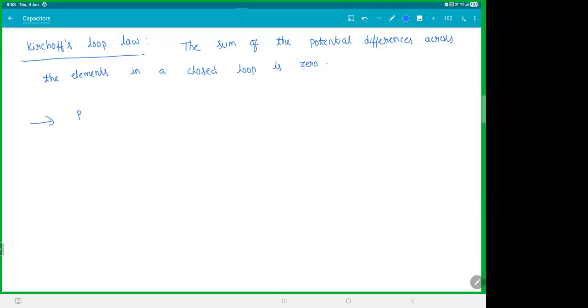But you can do this in a much better way. You can also use partial Kirchhoff's law. If you want to find the potential difference between 2 points, I'll show you how this works.